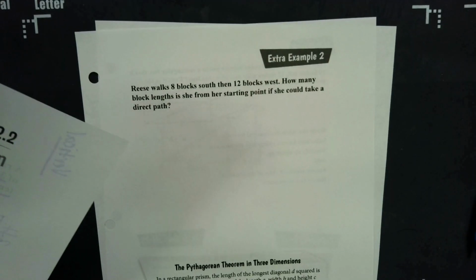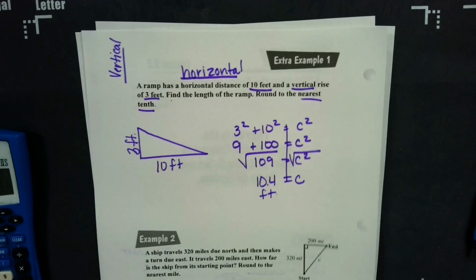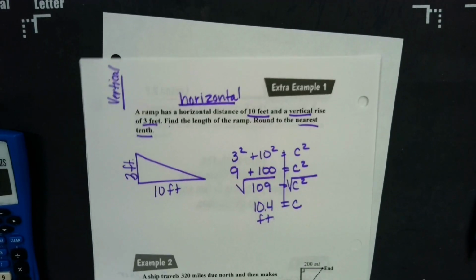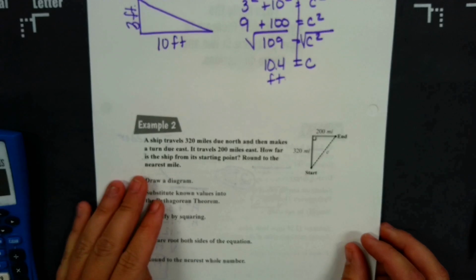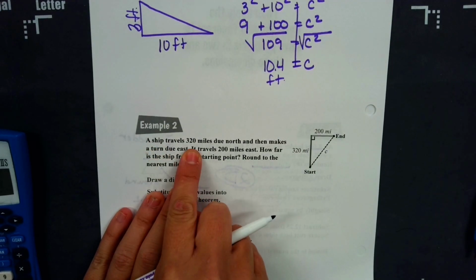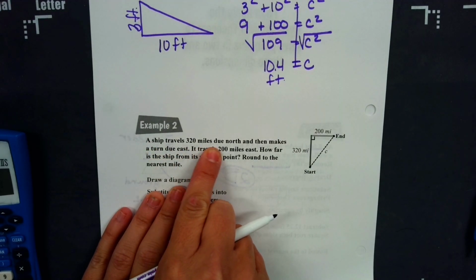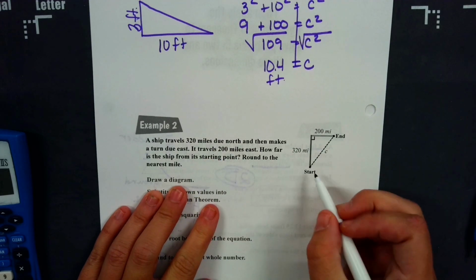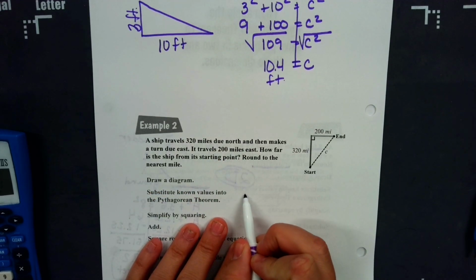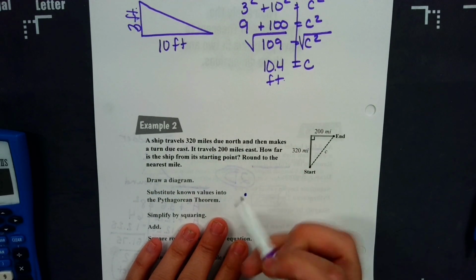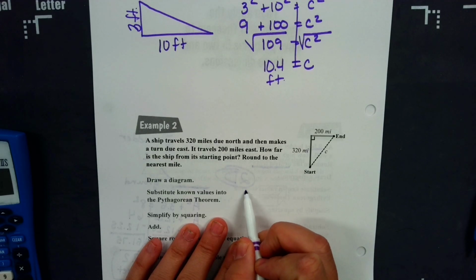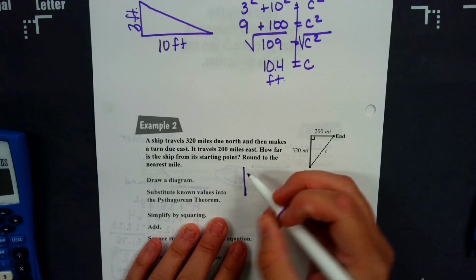Okay. We only have about 12 minutes. So we're going to do one more 2D and then we're going to jump to 3D. Okay. A ship travels 320 miles due north. So if I'm going to just draw it as I read it. It's really right here. So a ship travels 320 miles due north. Okay, 320.